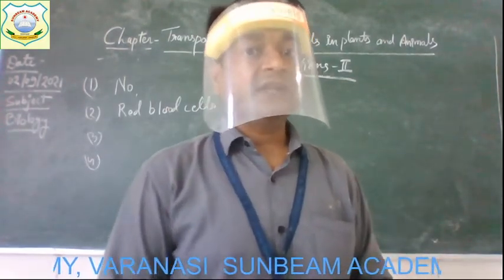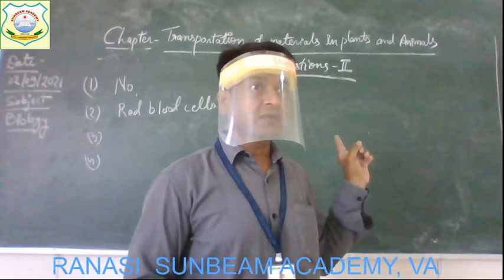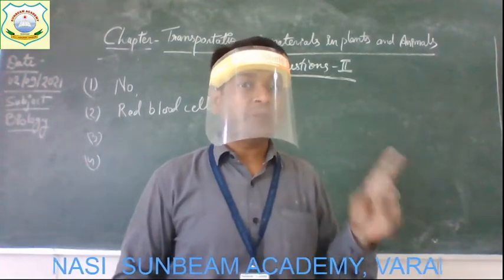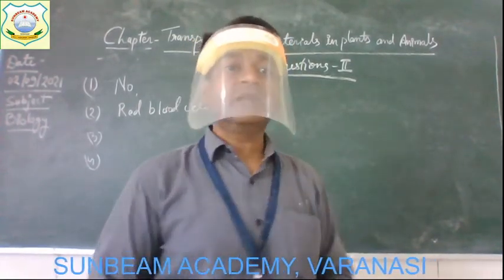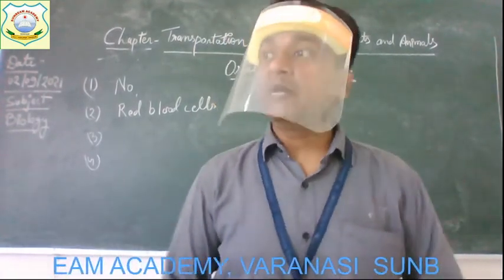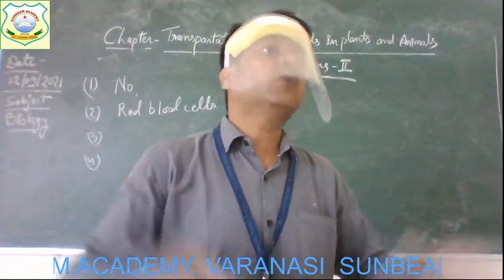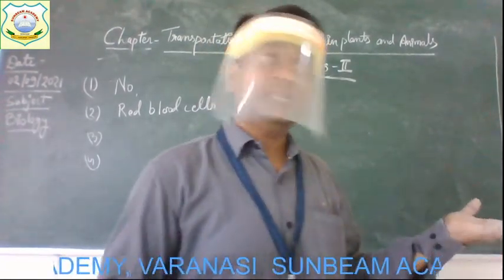Now question number 4. The right ventricle pumps blood to the lungs. We have discussed this today. So what happens to this blood in the lungs? When the blood goes to the lungs, what happens to that blood? Simply, that blood is deoxygenated.